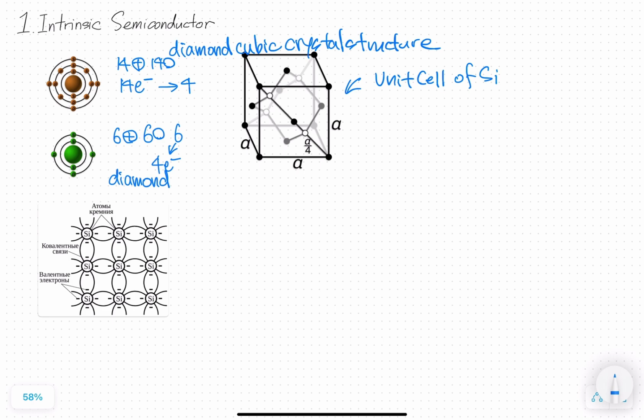At absolute zero, say T equals 0 Kelvin, yes, all valence electrons are tightly bound in covalent bonds. However, at room temperature, about 300 Kelvin, thermal energy allows some electrons to break free from the bonds.